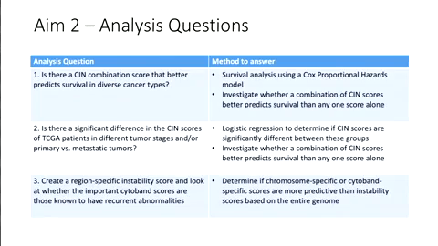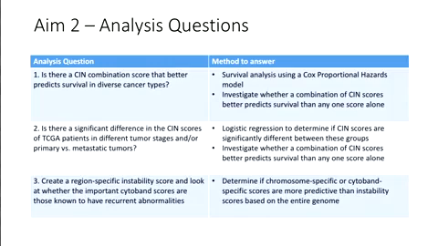So some of the analysis questions are, is there a CIN combination score that better predicts survival in diverse cancer types? And basically I'll be doing a multiple survival analysis for this and also investigate whether a combination of CIN scores better predicts survival than any one score alone.